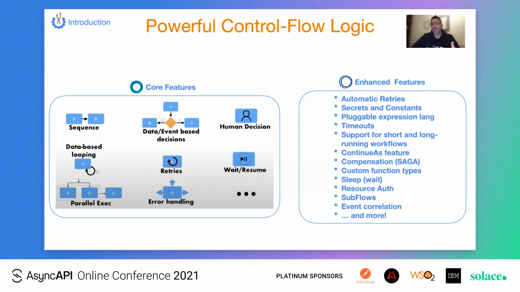So if, for example, you don't want to use some of the standards as we defined and have some custom invocation of services, you can define that as well. Things like cron execution, sleeps, resource authentication, and a lot more. So check out the documentation, and our examples showcase all of these features as well.